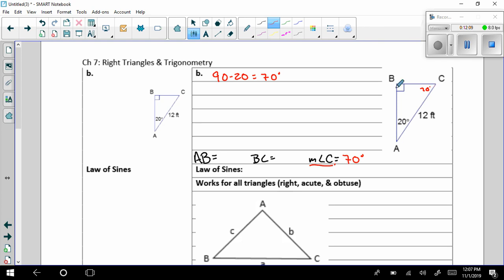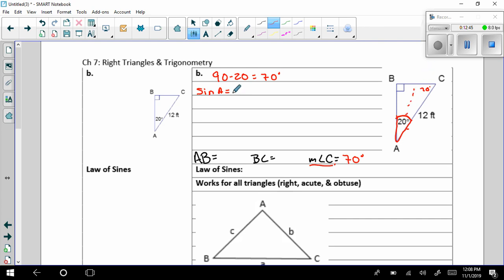As far as the sides go, we have to use our trig ratios. This is a 20, 70, 90, which doesn't do us any good. And so we would set those up. And again, you're choosing your angle of interest. So I may just stick with the one they gave us. I would do that logically just in case my math was wrong on the first part of the problem. 90 minus 20 is not a hard math problem, but still. So the sine of A is equal to opposite.